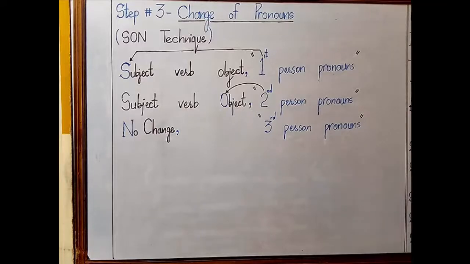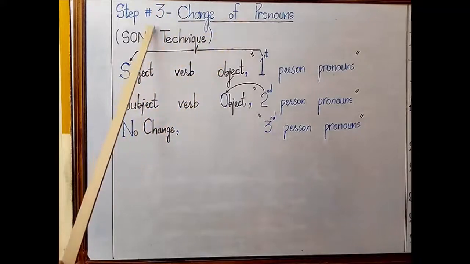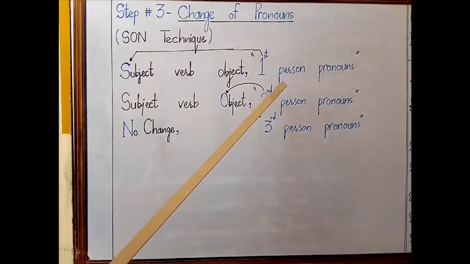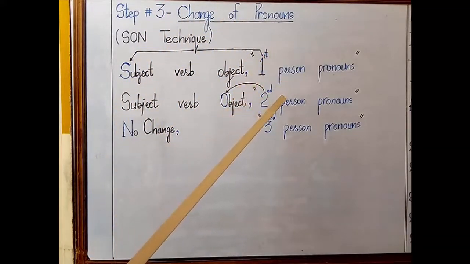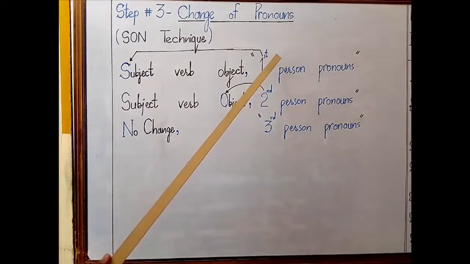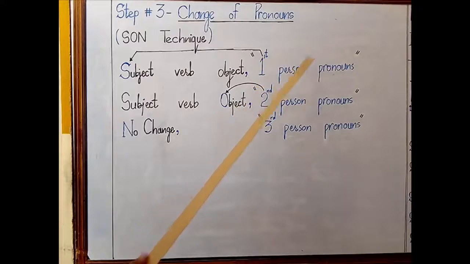The first 2 changes belong to reporting speech and the last 3 changes belong to reported speech. So the change of pronoun, which is step number 3, belongs to reported speech, which means that we have to make changes in reported speech inside the inverted commas. Okay?